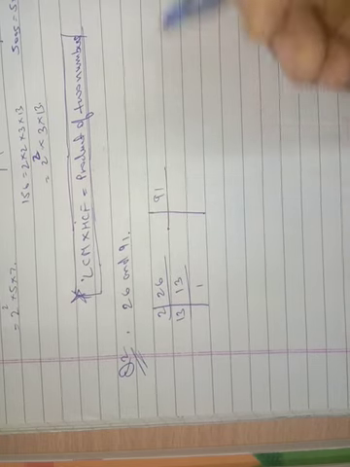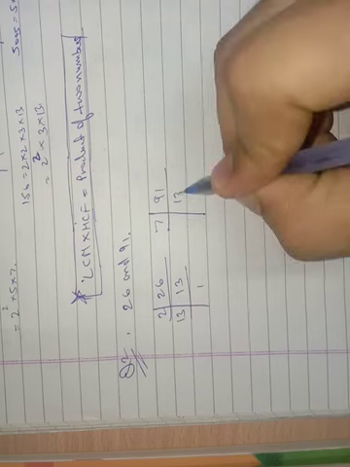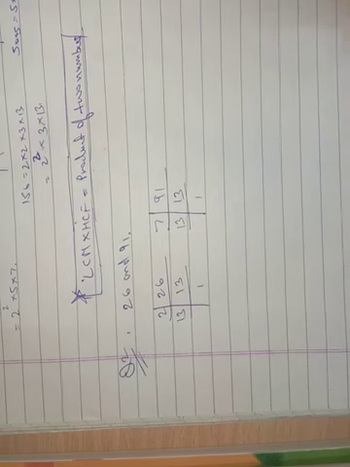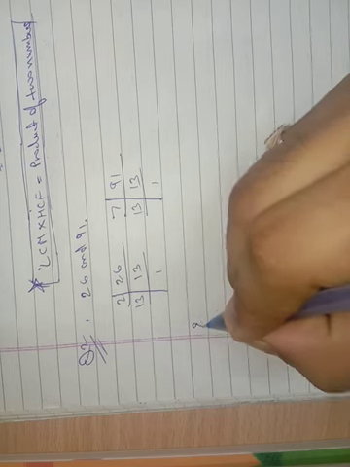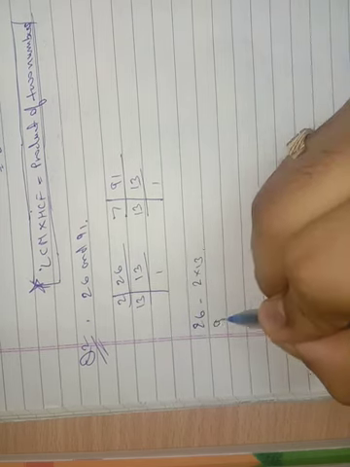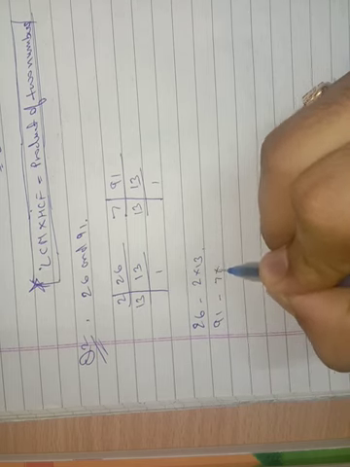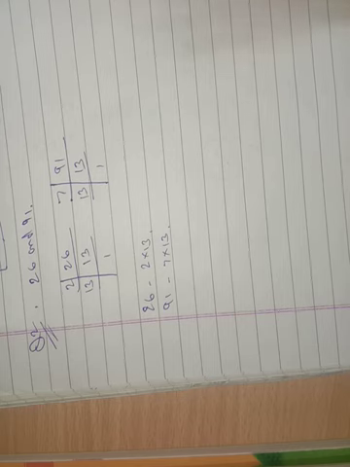Then 91, I think by the table of 7, 7 1s are 7, 7 13s are 91, and 13. What is the answer for 26? 2 and 13. What is the answer for 91? 7 and 13. Now we have to take the LCM and HCF.